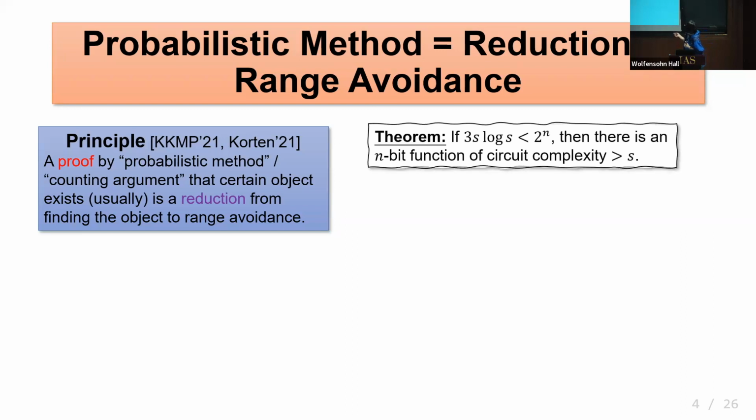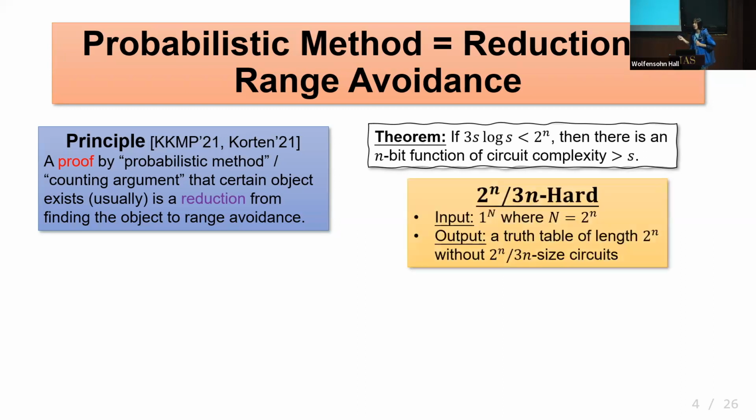For example, Shannon showed that most truth tables require exponential size. The proof is by a counting argument, and the proof will give you a reduction from this problem to range avoidance. So this problem is the problem of finding a hard truth table. You are given a unary input, a length capital N string consisting of ones.